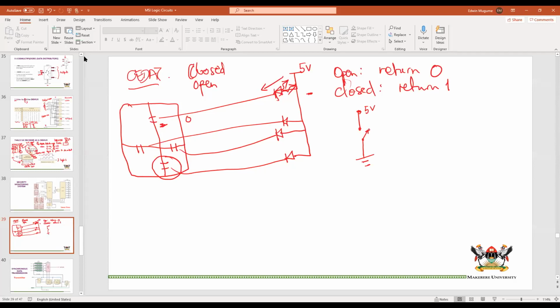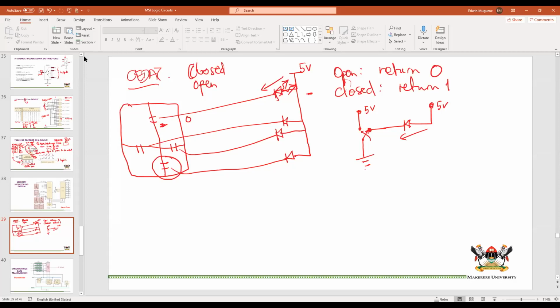And then you say that this is open. This is the scenario of open, meaning that you have your LED here and you have another 5 volts. So when it is open, you can see that this is connected to the ground, and so current will flow through that and you can have that LED lighting.